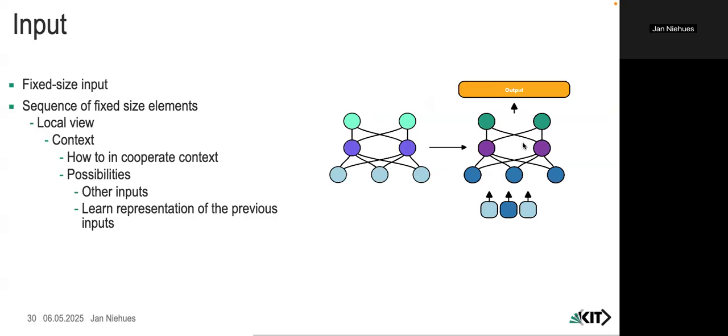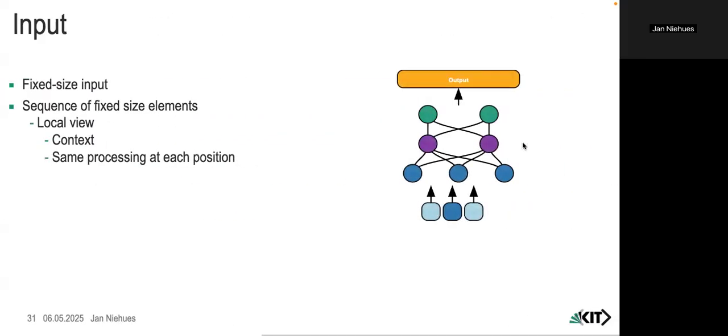One important thing in both of these cases, RNN, CNN, also self-attention, is that we're doing the same processing at each time step. So somehow we're mapping to a fixed size representation. If you have a sequence, we're not looking at the whole sequence as one input, but at each element as an input, we process it, and then we need, of course, to integrate the context again.